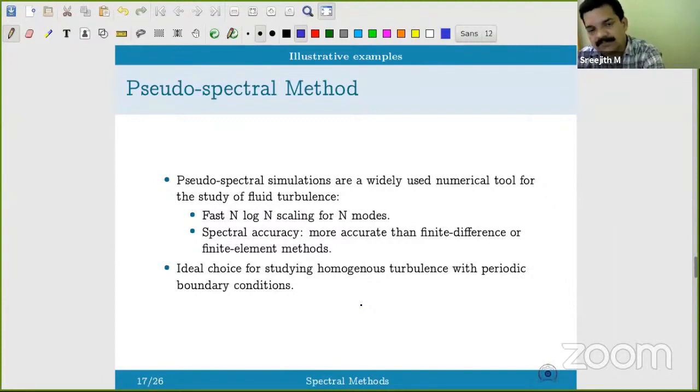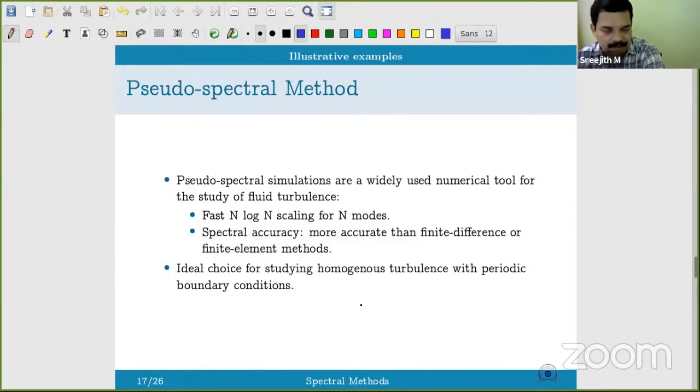Nowadays, the spectral element method can be used for more complex geometries. Boundary conditions are also a limitation for this type of method. If you are using a Fourier spectral method, the boundary conditions should be periodic.